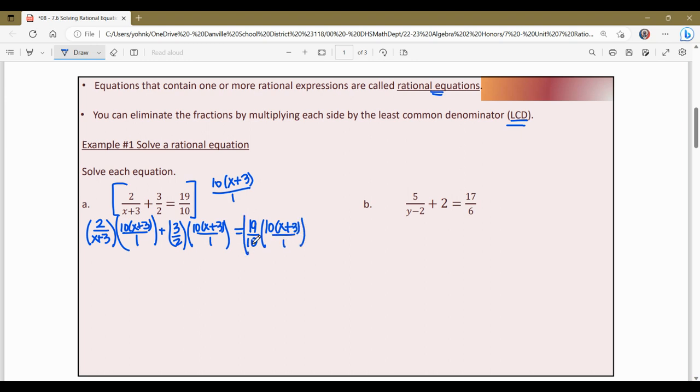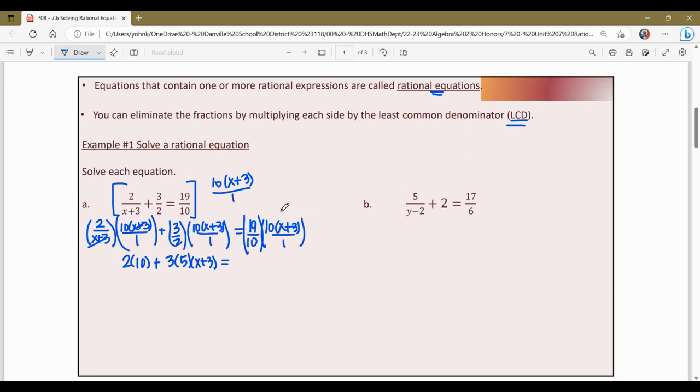Why I did this is because it allows you to visualize what happens when you distribute. When I multiply 2 over x plus 3 times 10 times x plus 3, my x plus 3 simplify, and I have a 2 and a 10 left over, plus. Then when I multiply my middle two fractions, the 2 can go into the 10 5 times, and so I have a 3 times 5 with an x plus 3 left over.